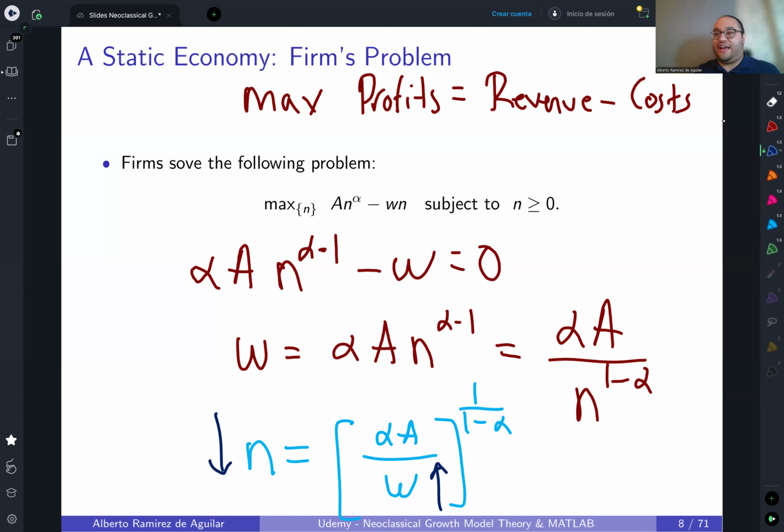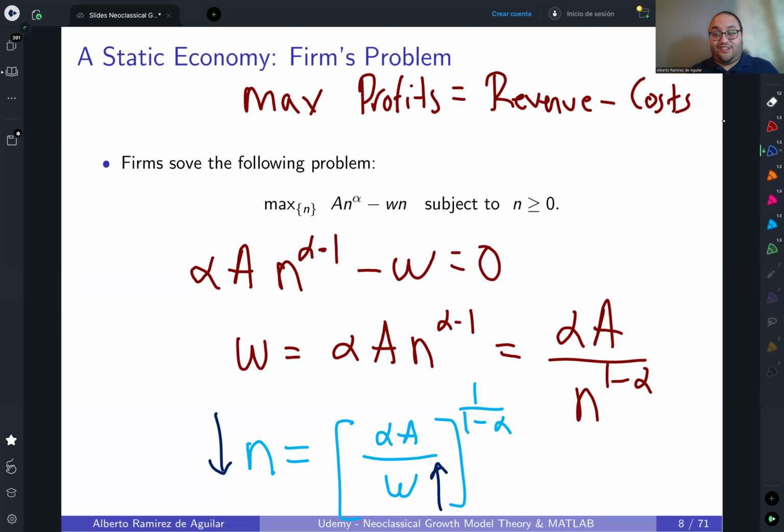And the intuition behind this is because wages affect firms' costs. So higher wages are going to imply higher costs. And because the firm wants to maximize profits, they are going to reduce the demand for labor. So one implication of this model is that we should expect firms hiring less labor if the wage increases.